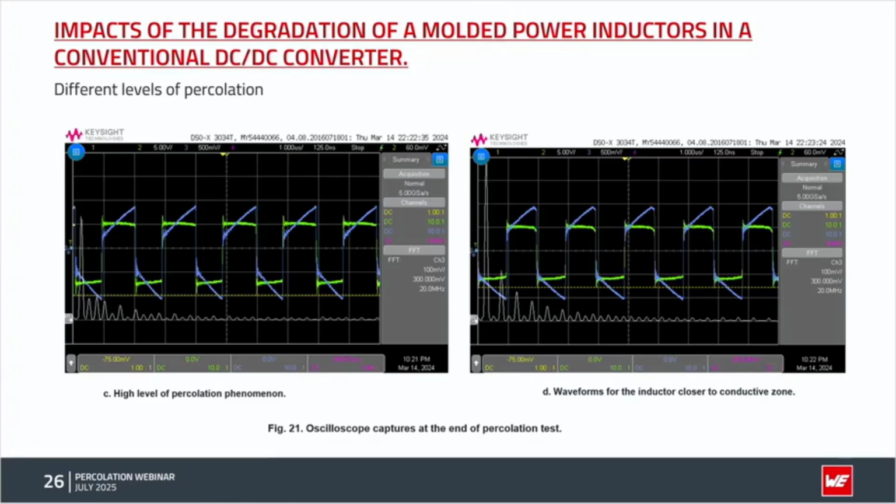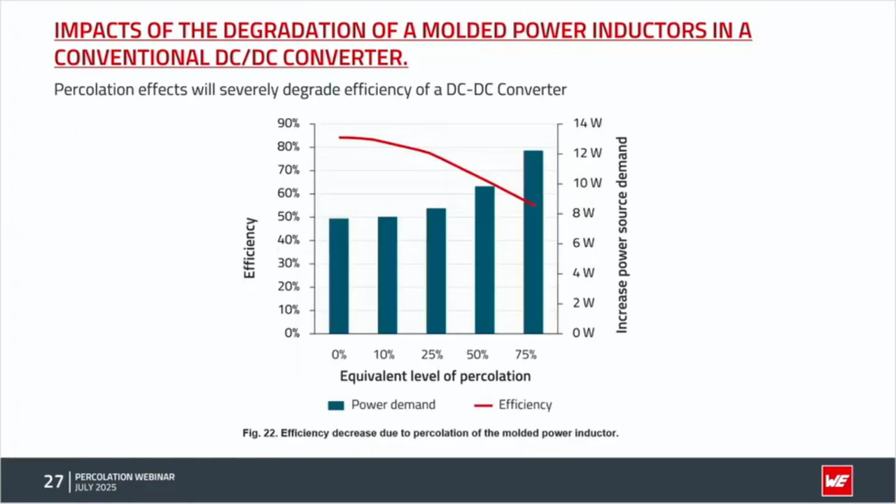So if we translate to the video before about the power demand, we can see that the increase of the power source demand goes from 50% in this case to almost 80%, 30% more.